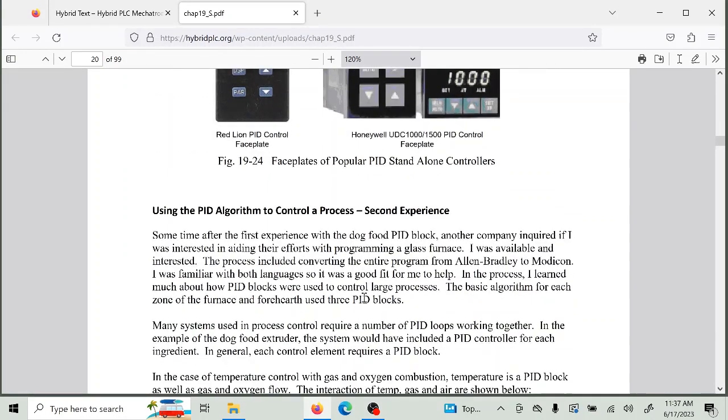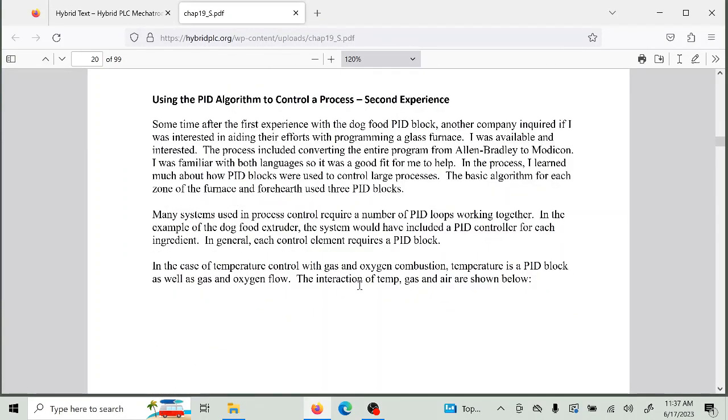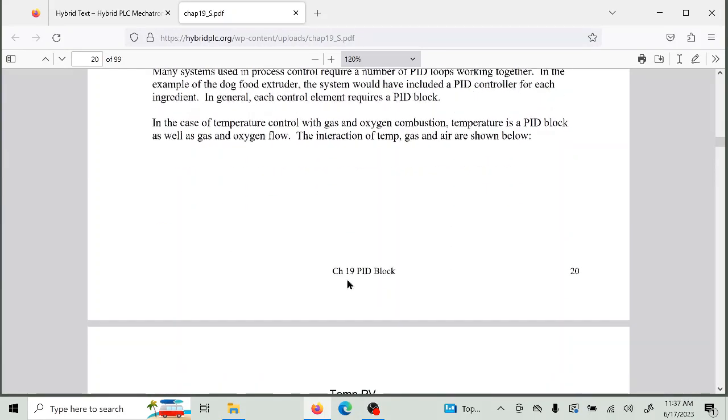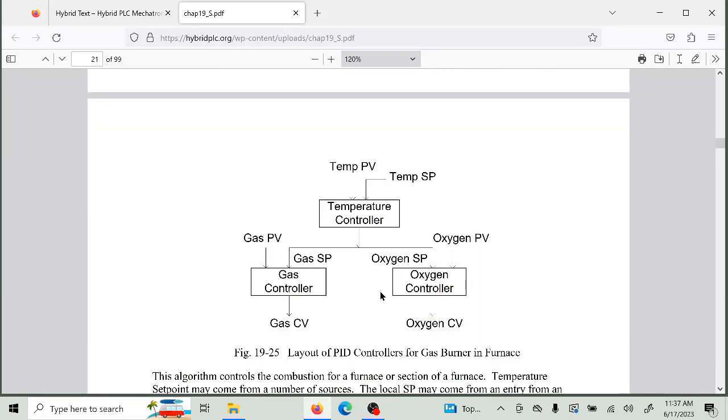After that first experience, I was asked to work with a company, and that was a case where I was actually taking the Allen Bradley algorithms and moving them to Modicon. I don't show that here, but I do want to show you kind of what they were doing. So you say, how can you get more complicated with these PID algorithms?